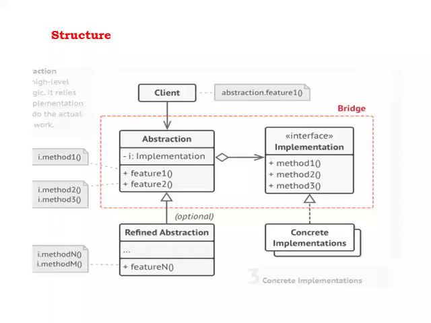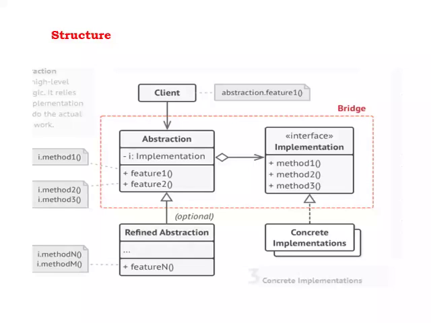Coming to the structure, here we have a client, abstraction, implementation, refined abstraction, and concrete implementation. The abstraction provides high-level control logic. It relies on the implementation object to do the actual low-level work.